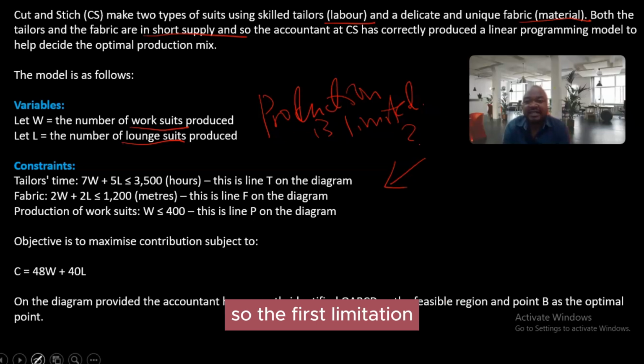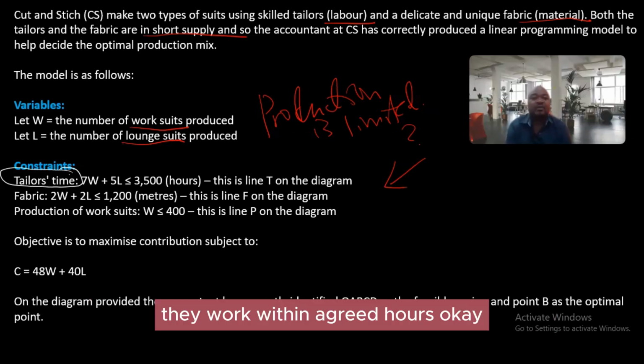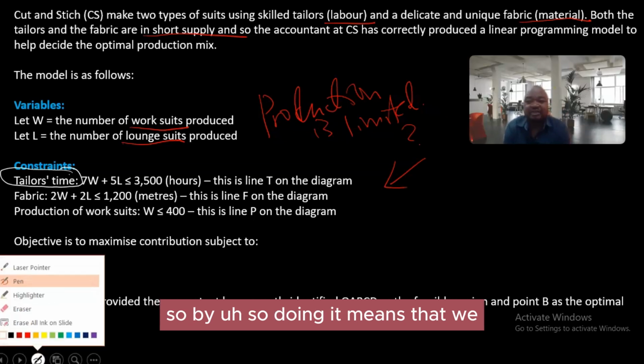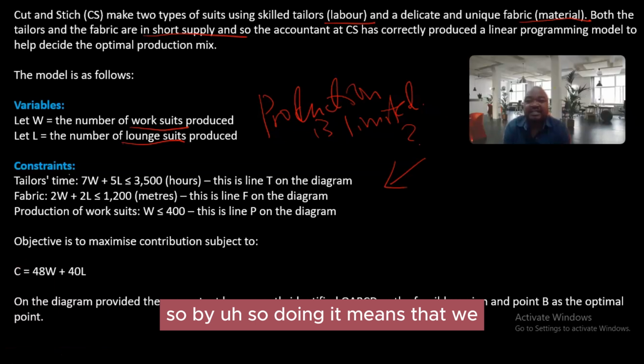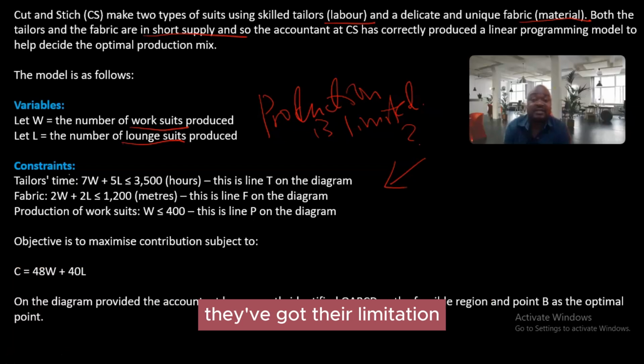The first limitation we are going to look at is the tailors' time. These guys work within agreed hours, so we are not going to utilize them anyhow. They've got their limitation.